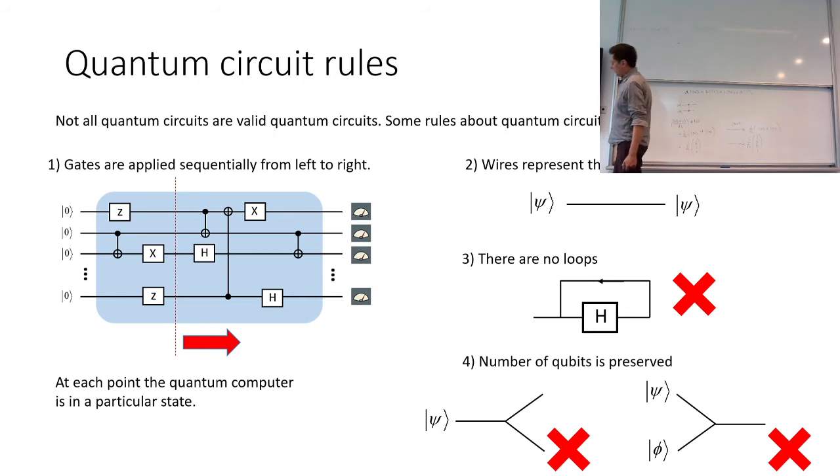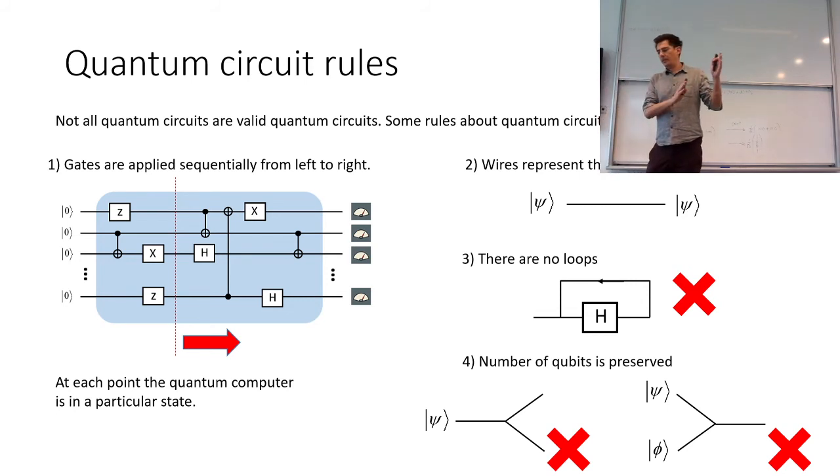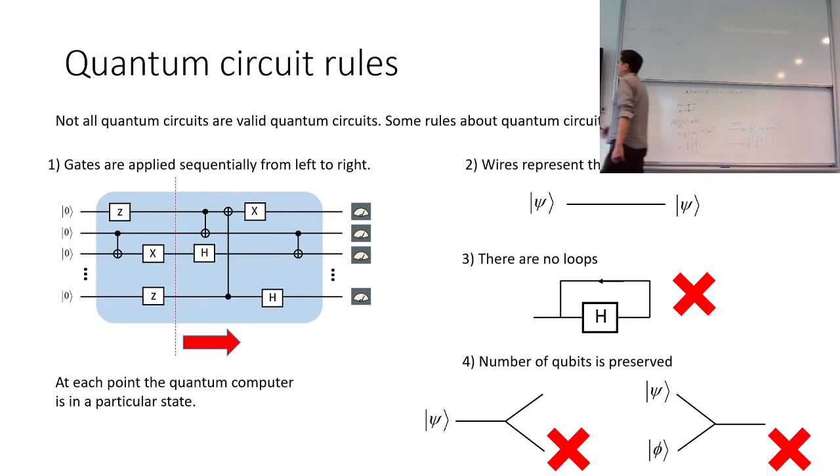Firstly, whenever we write a quantum circuit like this, we are implicitly thinking of time going from left to right. So you always start with the left side being your initial states, and then you sequentially apply these different gates in the sequence as specified by the circuit.